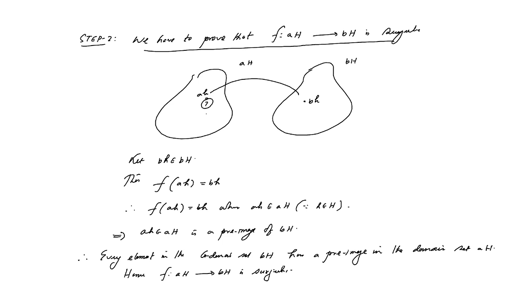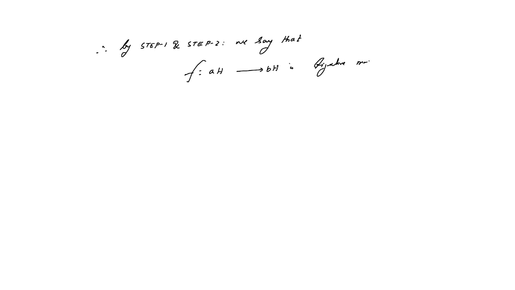So by step 1 and step 2, what we have proved here, therefore by step 1 and step 2, we say that the map from H to BH is a bijective map.